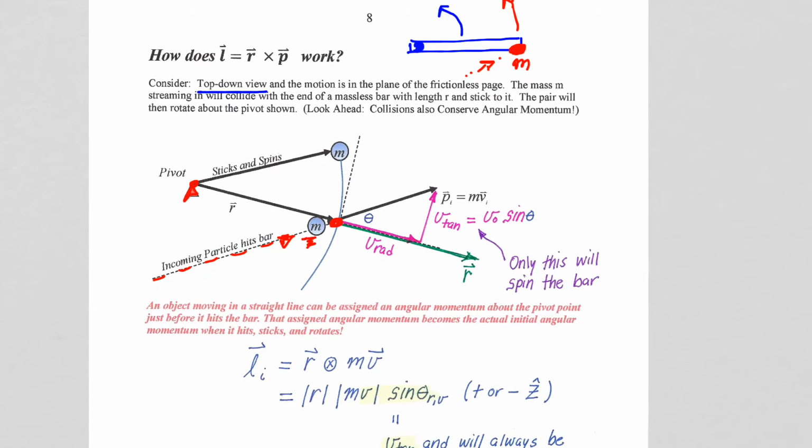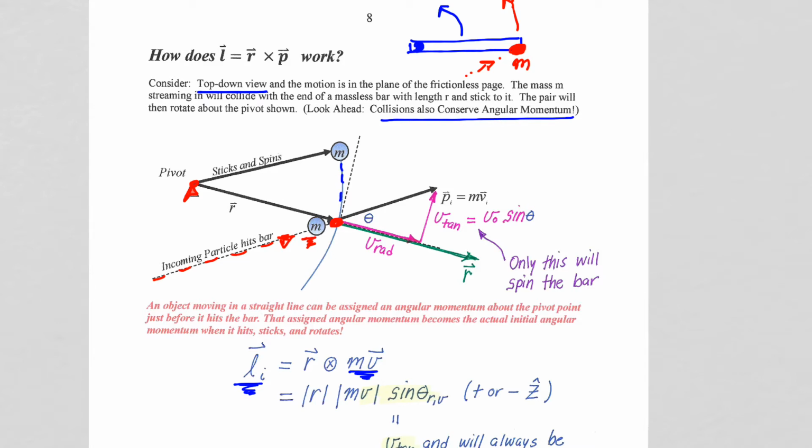Part of what we're doing here is using our knowledge of the fact that circular motion will occur after the collision to assign an initial angular momentum to the purely linear motion that is present prior to the collision. We're going to talk about conservation of angular momentum in a moment.